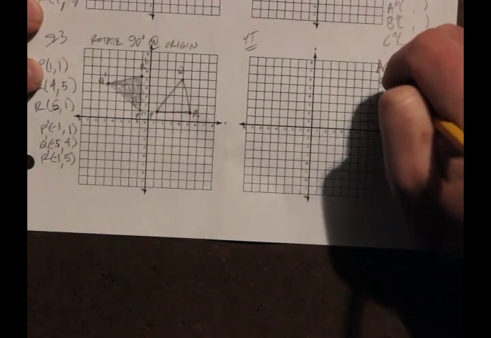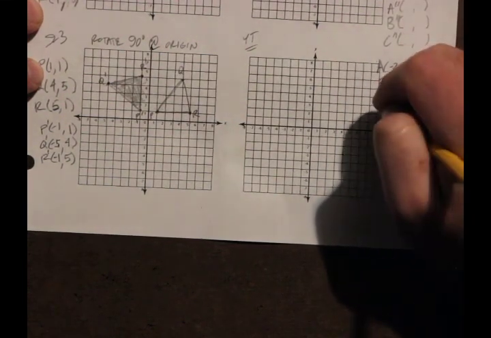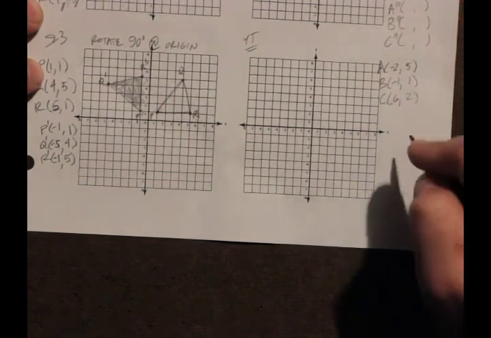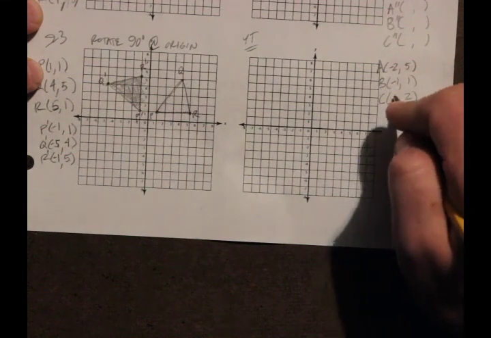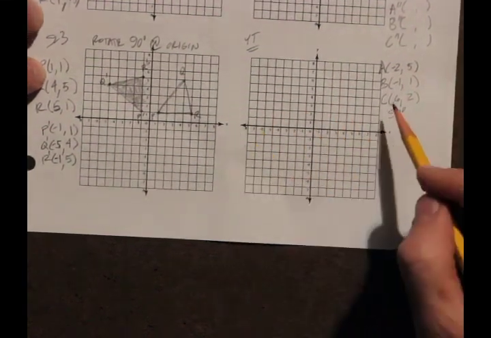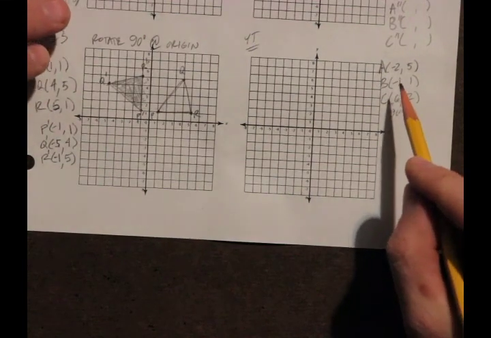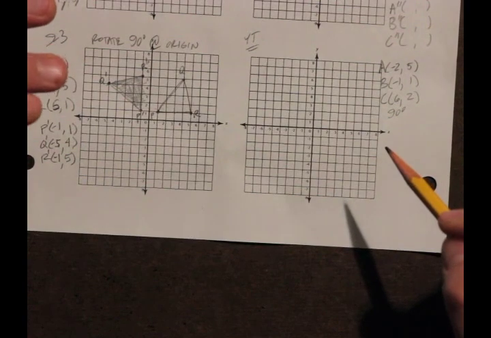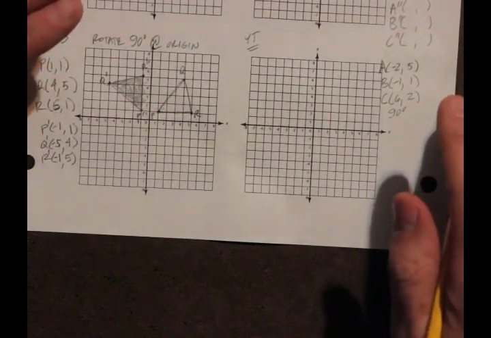B is -1, 1. C is 6, 2. Okay, so I'd like you to rotate this 90 degrees. So this is your You Try. I'm going to tell you to pause. You do this whole mess, and then we come back and check your work. All right? So pause for the You Try.